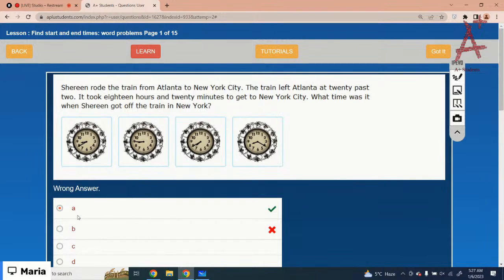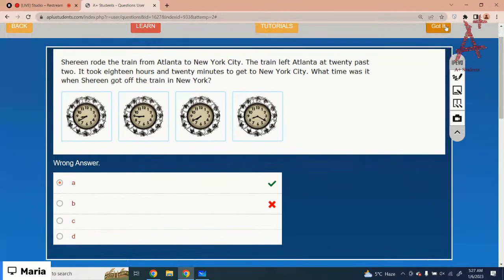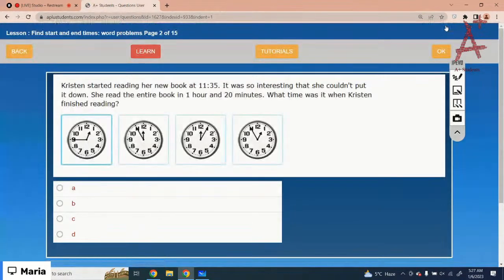Yes, it is 8:40. Sorry. I added 25 minutes, so I thought it is 8:45, but it is 8:20. Got it?